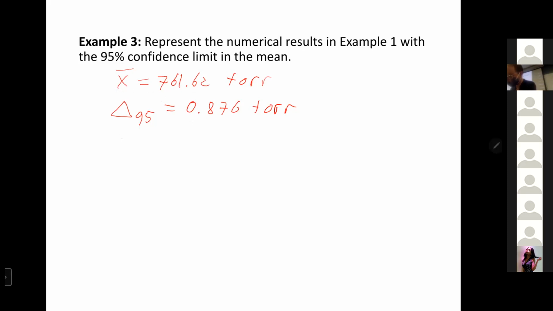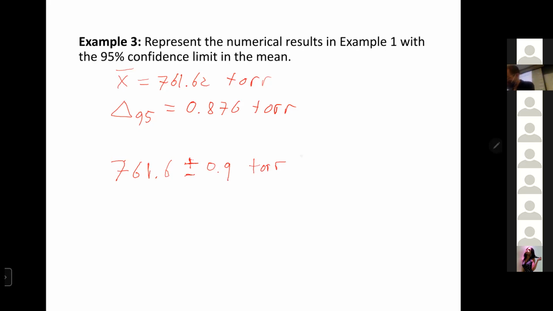So we would report this number then as 761.6 torr plus or minus 0.9 torr. And do remember, when you're reporting your final answer, always include the units. Otherwise, your answer doesn't mean anything.